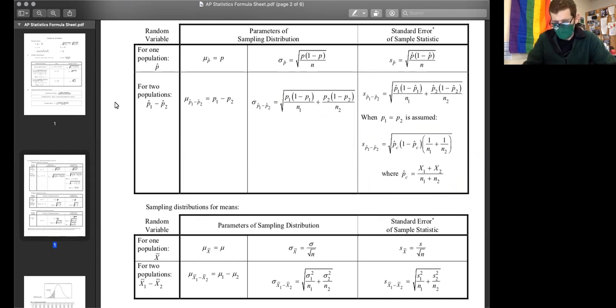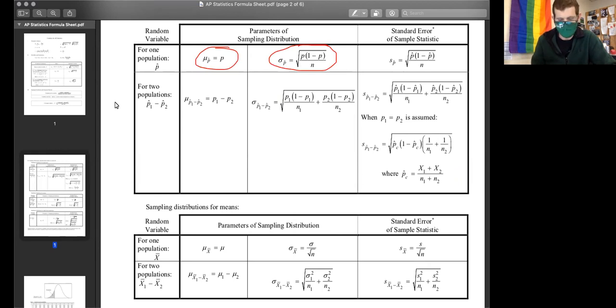As you're talking to yourself through a problem, you're saying, okay, this is proportions. There's only one proportion here. Here's a sample that I'm comparing to a population proportion. So now you can figure out what your sampling distribution is going to look like. You can figure out your standard deviation by pulling up that, and you can pull up your mean by using that formula.